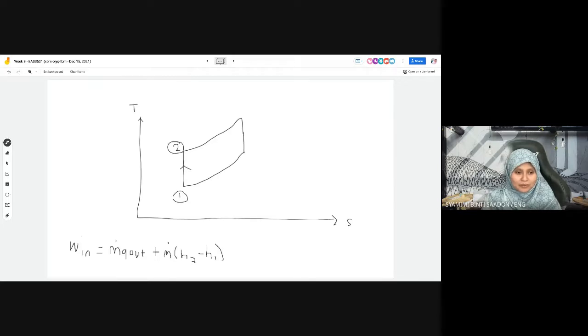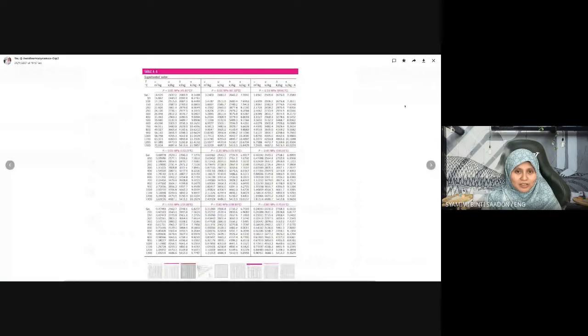This one, superheated water. We're talking about this one. Is it A6?